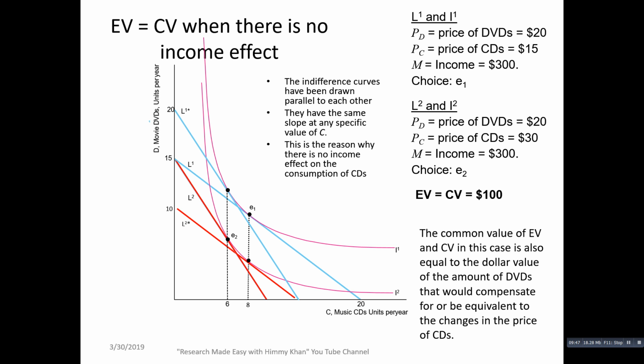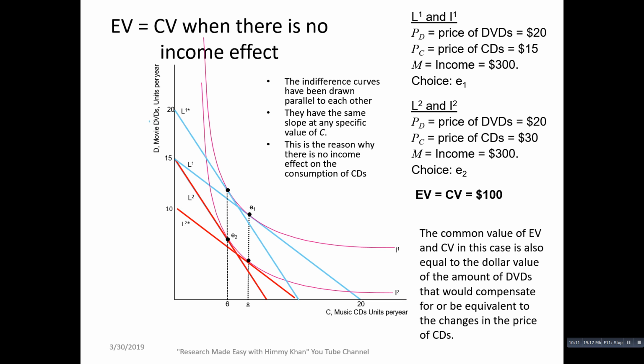L2 and I2 is the case when the price of CD has increased from $15 to $30, price of DVD and money income remaining the same.